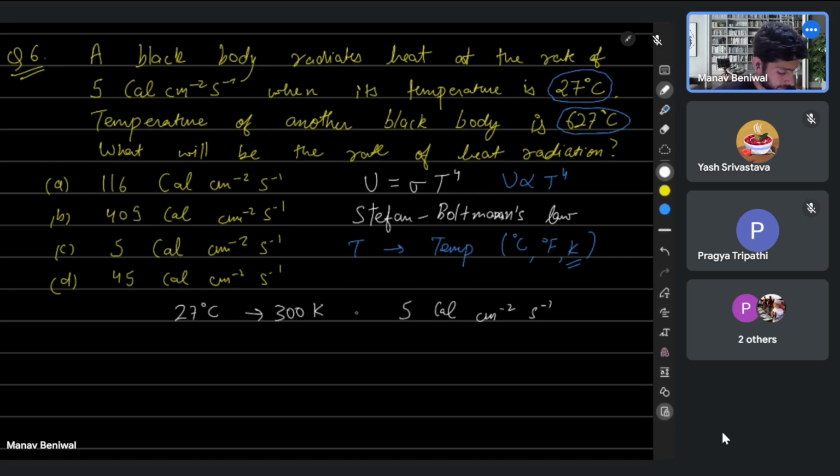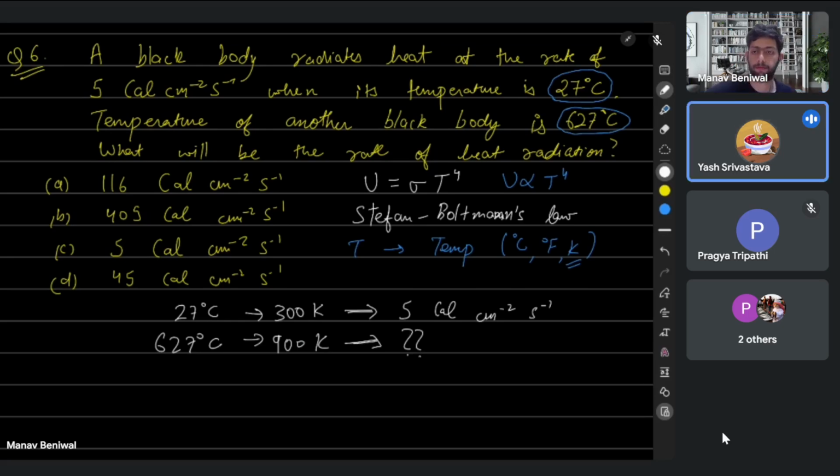Now we have another body at 627 degrees Celsius, and its temperature becomes 900 Kelvin. Now we want to find the energy that it will give. Sir, option B. Option B, yes.